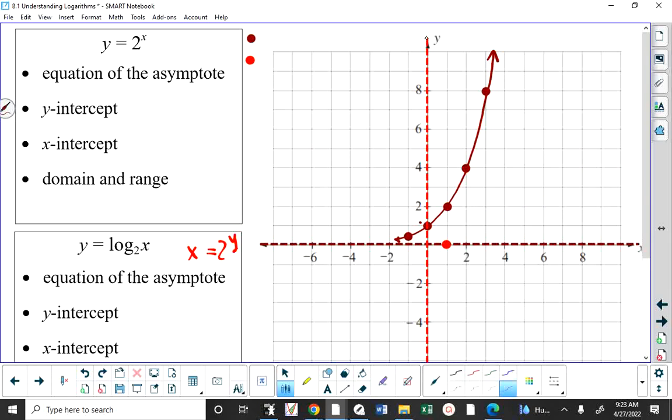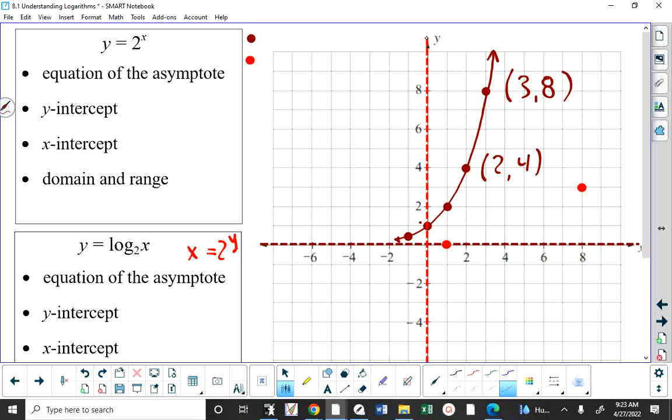For example, and this is just me teaching, you don't need to write this down, this is at 3, 8. Well, if I switch 3, 8, it's going to be 8 comma 3. This is at 2 comma 4, and I'm going to erase these ordered pairs. Again, this is just me instructing here.